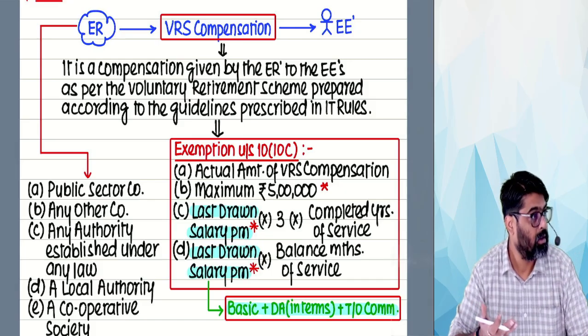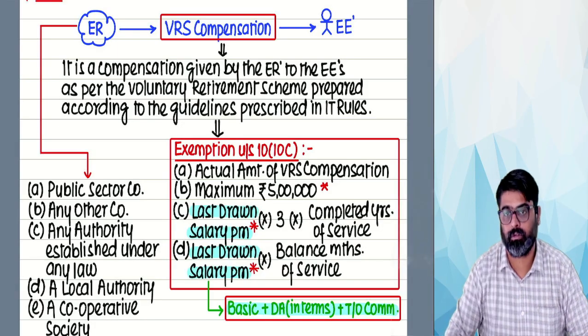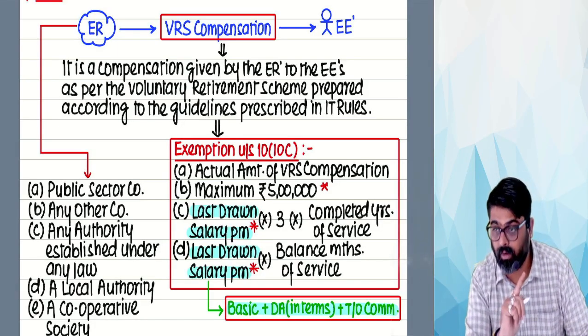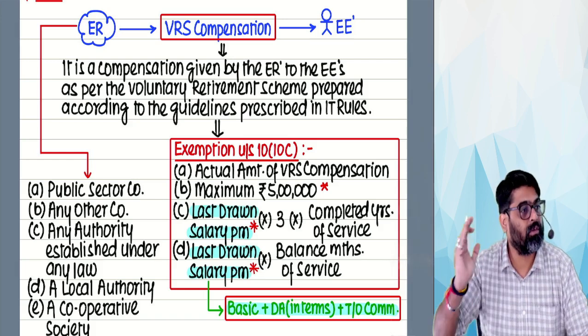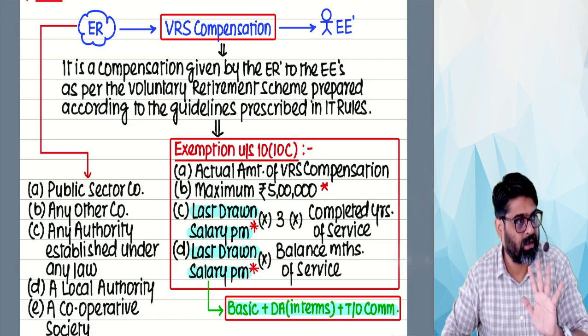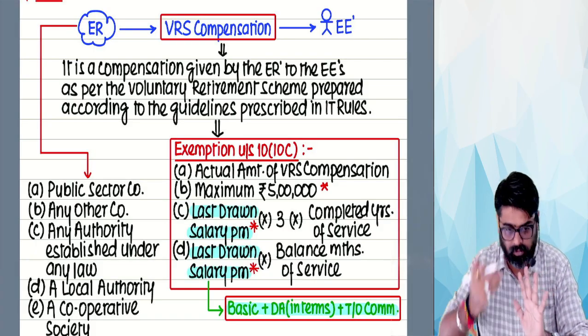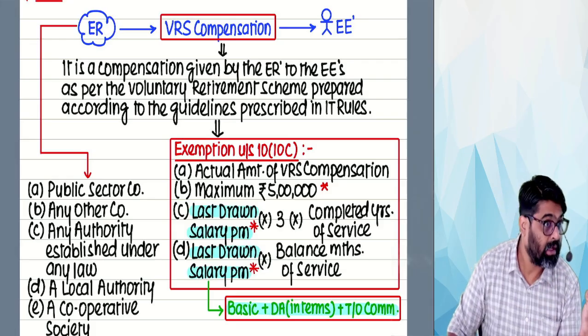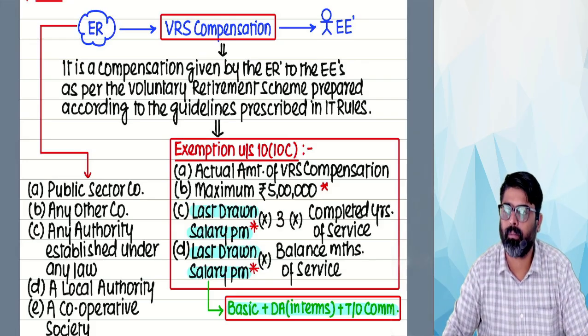Or the last drawn salary should be paid for the balance months of service. How many months of service are remaining? 5 years are still remaining, every year having 12 months, so 60 months. For 60 months, 1 lakh was the last drawn salary, so 60 lakhs should be given as voluntary retirement compensation.